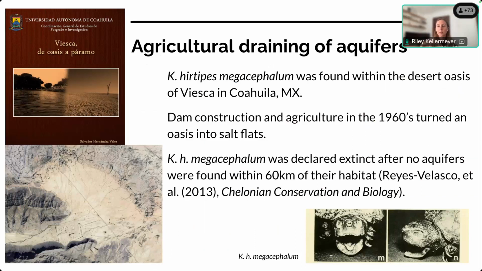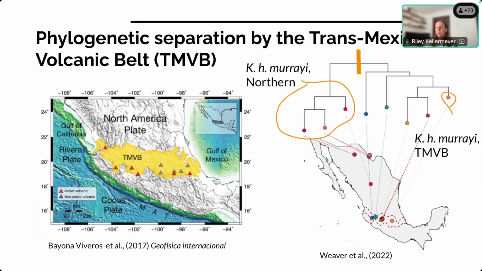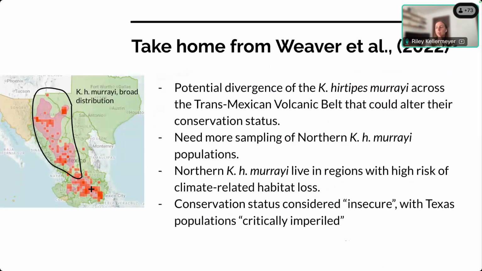Some of the specific subspecies are listed as threatened, or hold on, what was the exact terms used? Insecure or critically imperiled or threatened. That's kind of where it gets messy with all these subspecies. If you have 6 subspecies, do you treat them all separately with their own conservation status?